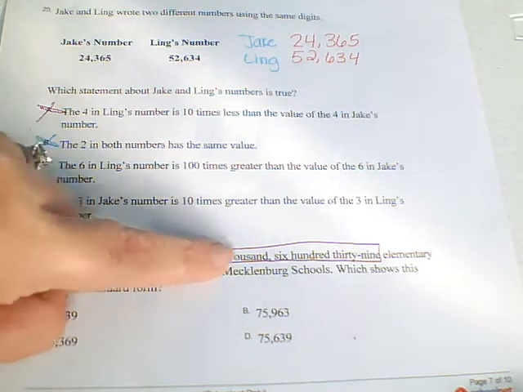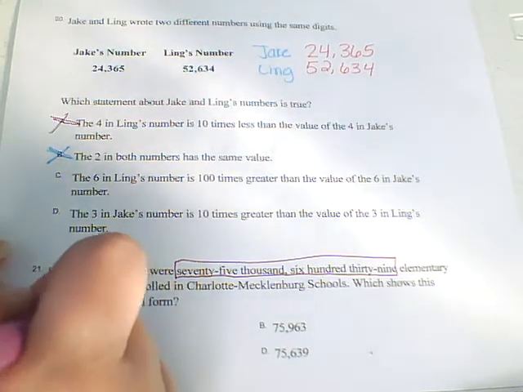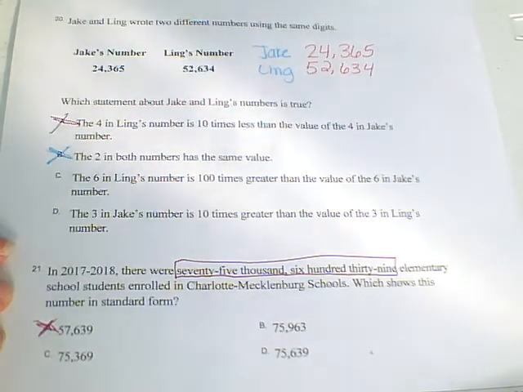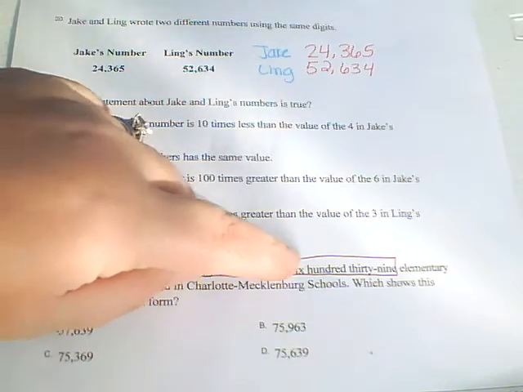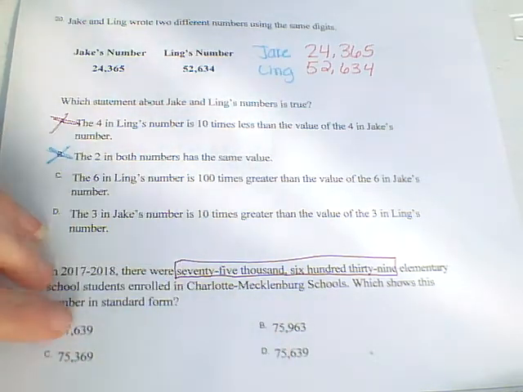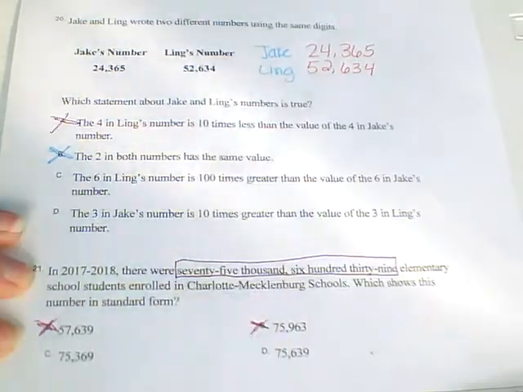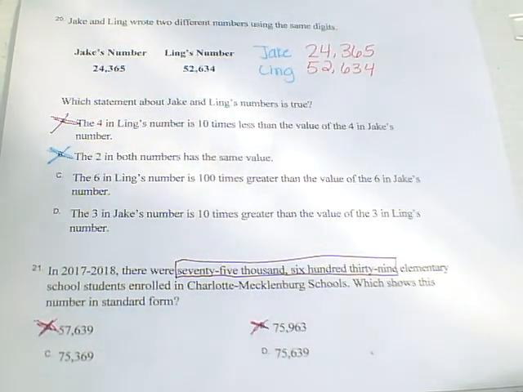If it starts with 75,000 and you see 57,000 here, you already know that's not an option. 75,600. So now I'm looking for a 6 in the hundreds place. If I don't see a 6 in the hundreds place, it cannot be right. Keep working.